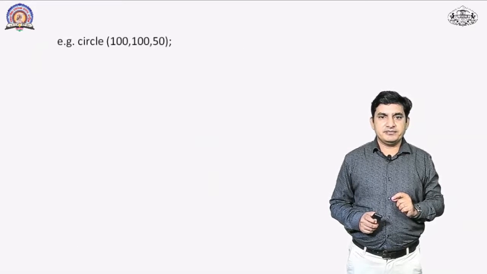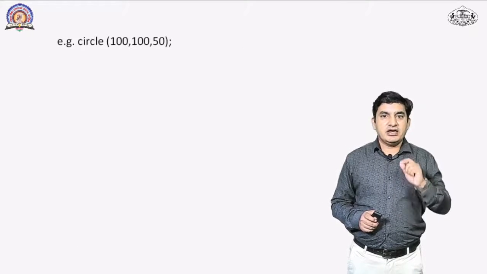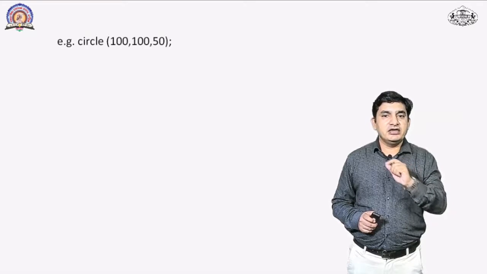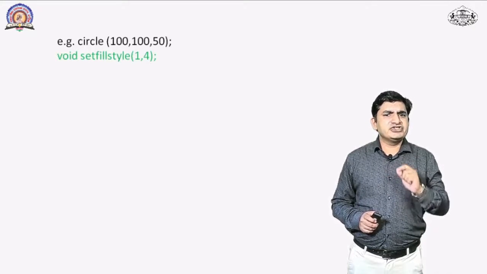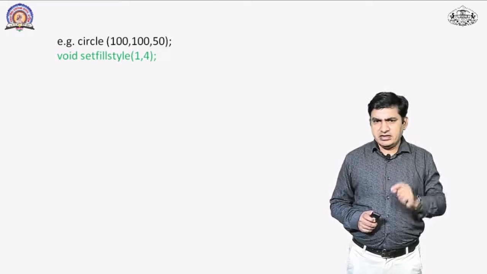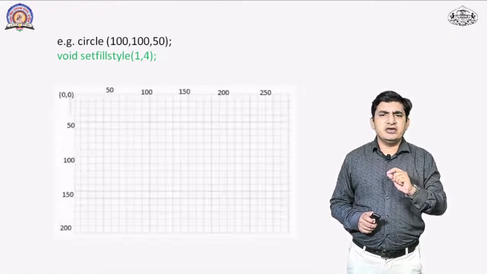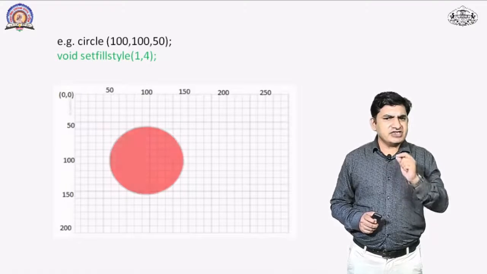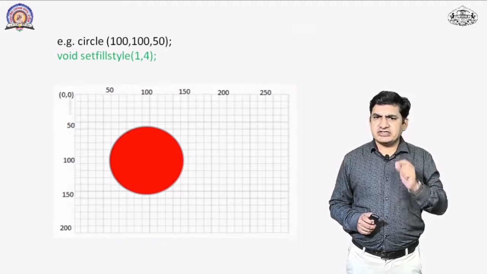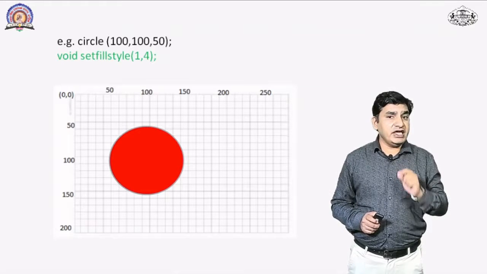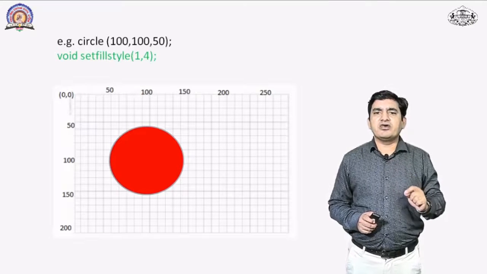Example, setfillstyle(1, 4) and circle(100, 100, 50). Circle(100, 100, 50) indicates that the center of the circle has x coordinate 100 and y coordinate 100.